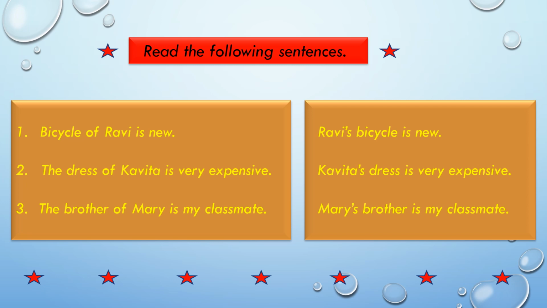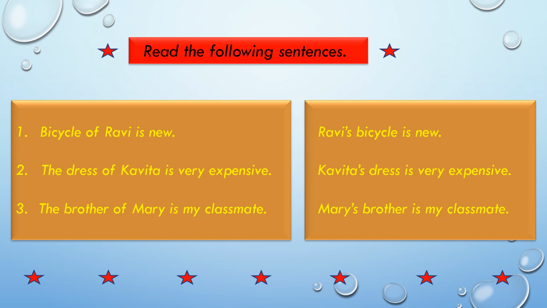See, one more thing. Have you observed that the sentences given above on both the sides mean the same? In both the boxes, the meaning of the sentences is the same, but they are written in a different way.